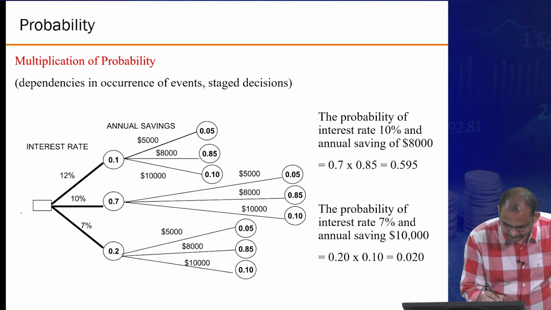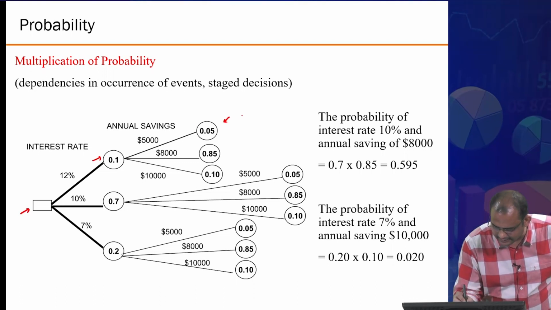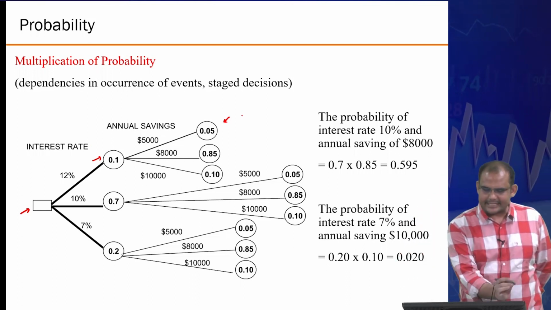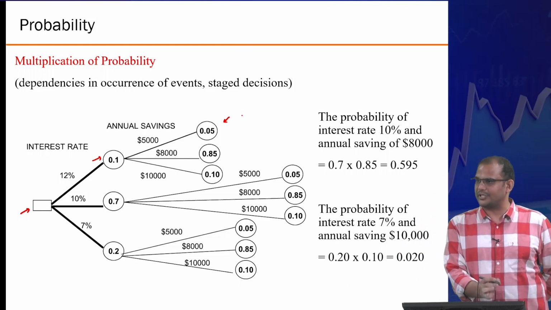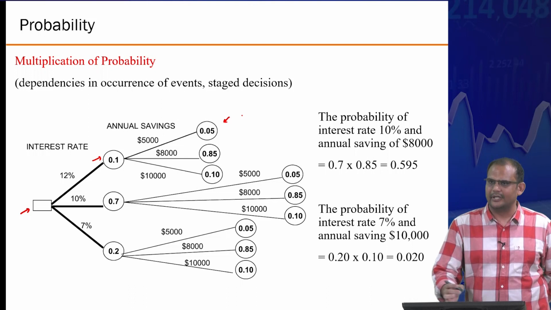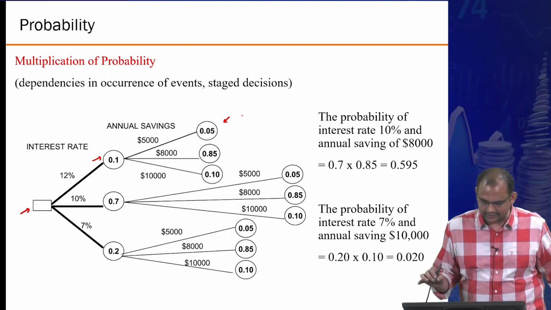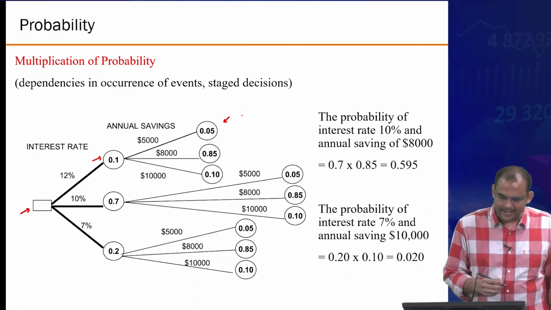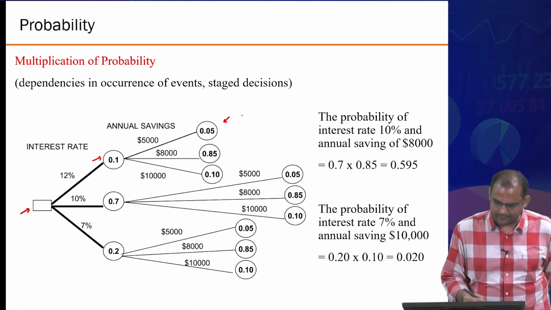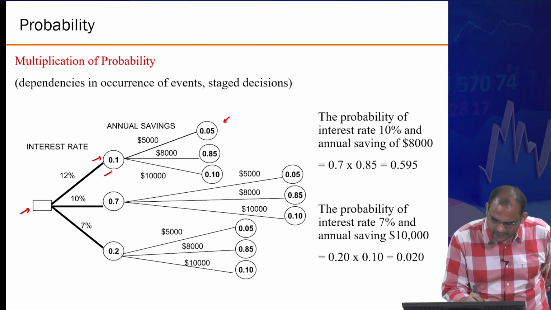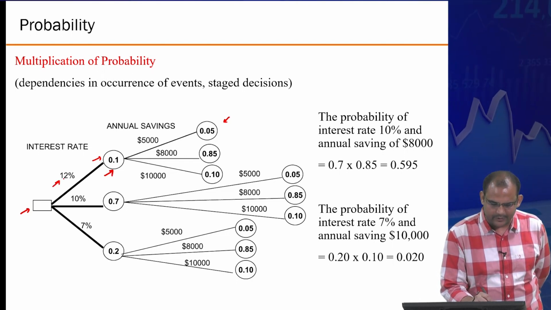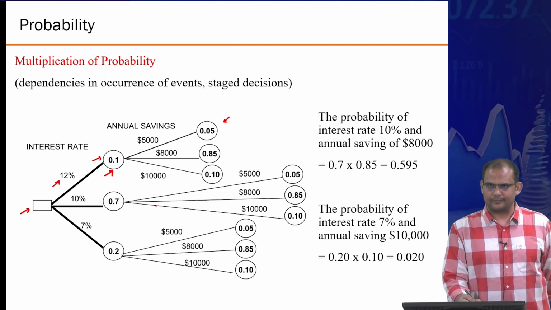So here, each of these circles is something called a node, okay? You will see the cash flow diagrams are also possible to be represented in this kind of diagram, which looks like a node arrow diagram, you can call it. I don't know what the technical term is, but essentially it describes the information that there is a 0.1 chance that the interest rate in your calculation will be 12%, okay?